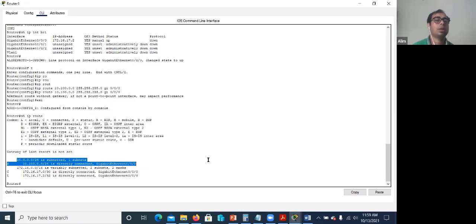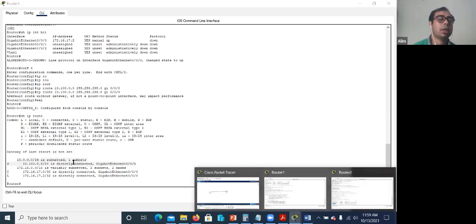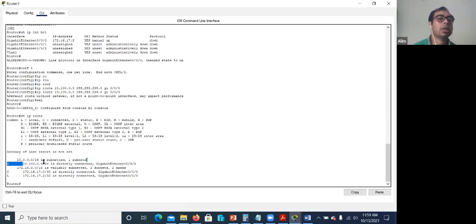This network is obtained through a static route. Okay, this network is in router 2, right? But we get it in this routing table through our routing.